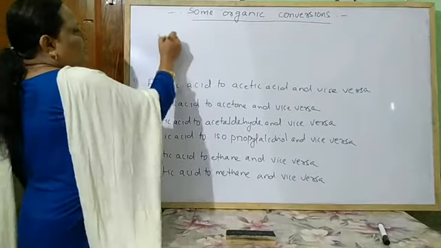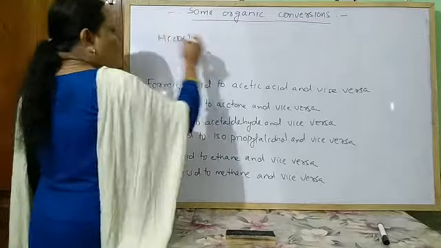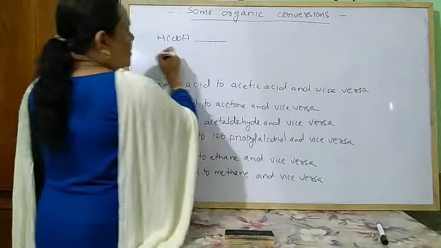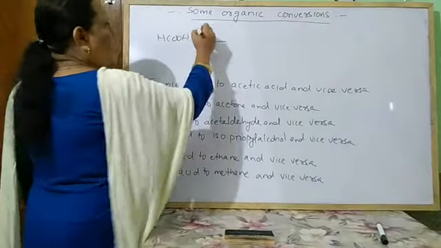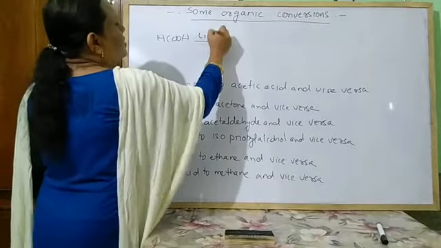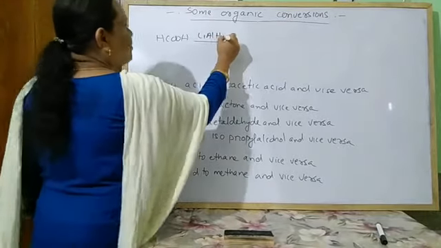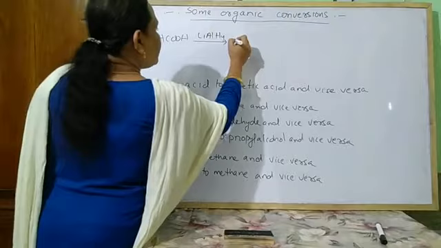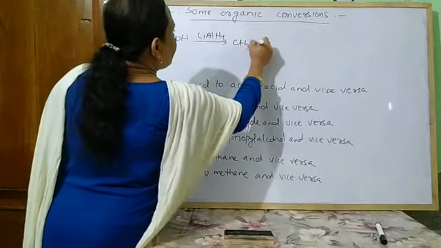Formic acid, when it is reduced with lithium aluminum hydride, gives methyl alcohol.